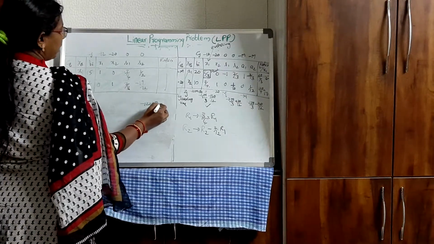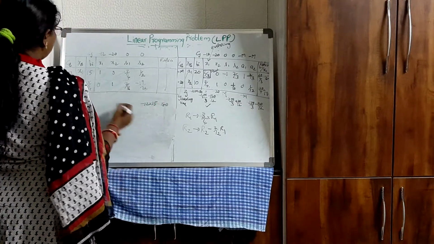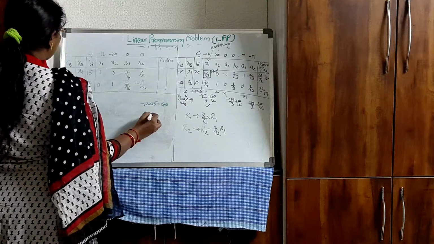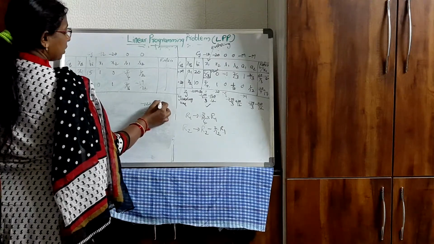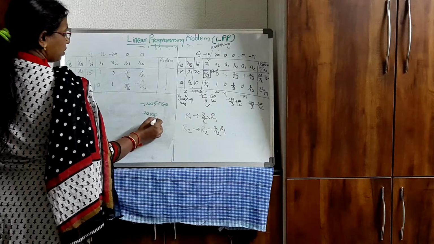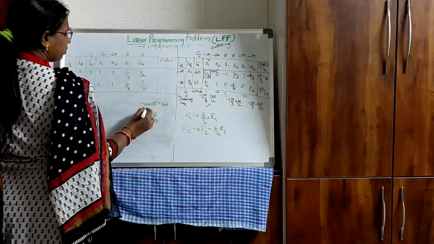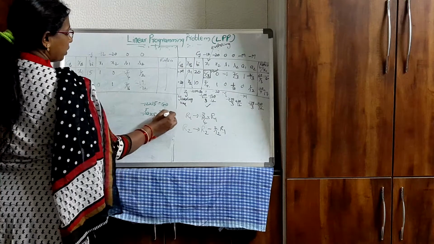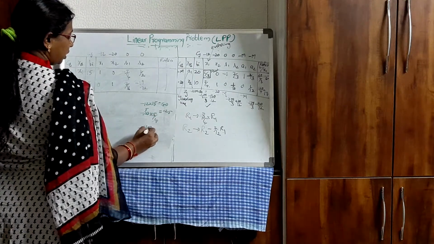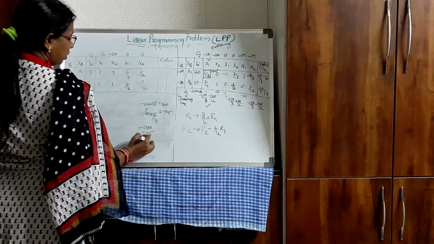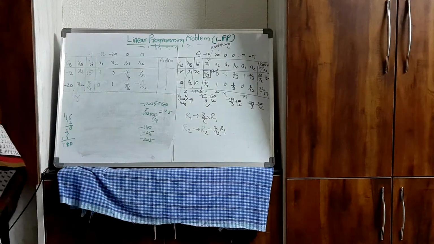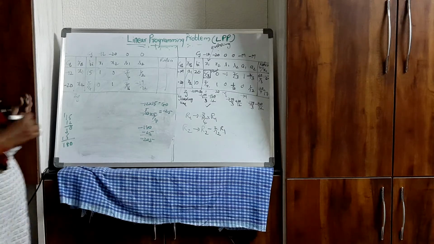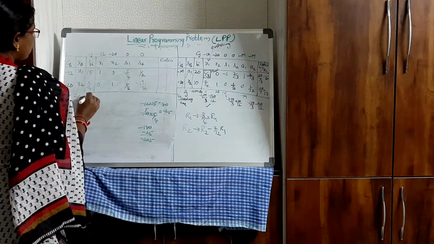So I will get minus 180 and you have minus 20 into 5 by 4. This will be 4 ones, 4 fives. So minus 25. So minus 180 minus 25 will be minus 205. So you are getting Zj as minus 205. So this is minus 205.